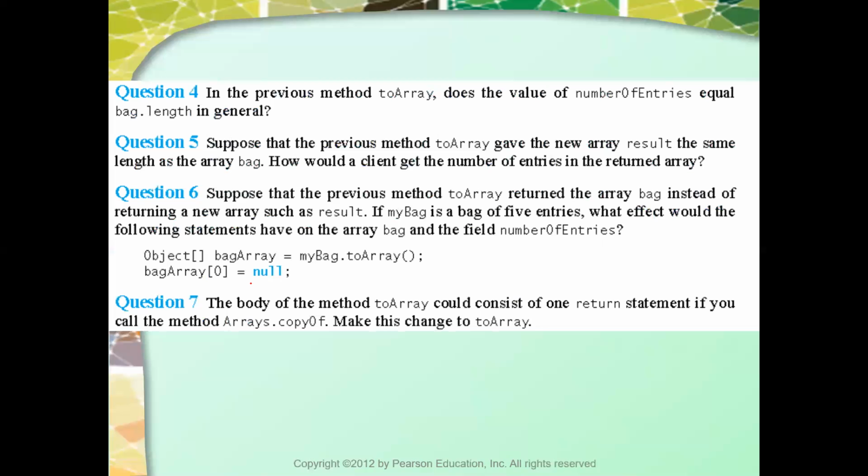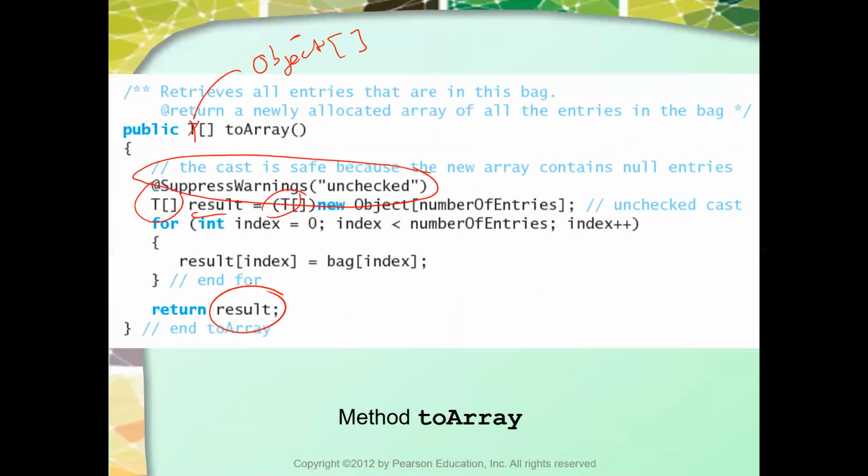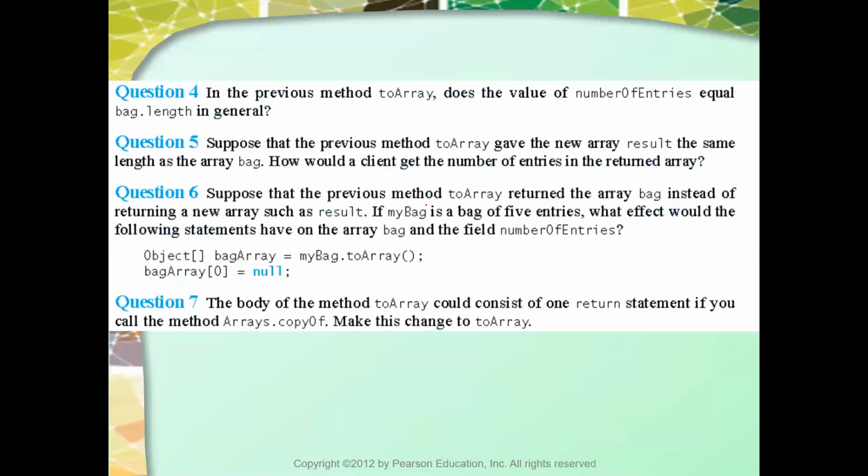In the previous method, does the value number of entries equal the bag.length in general? Oh, it's interesting that they're making the array size equal to the number of entries. Does the number of entries equal the length of the bag in general?